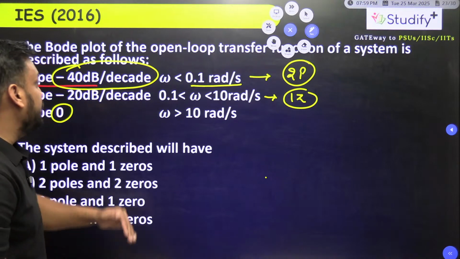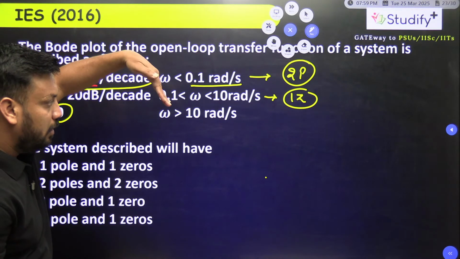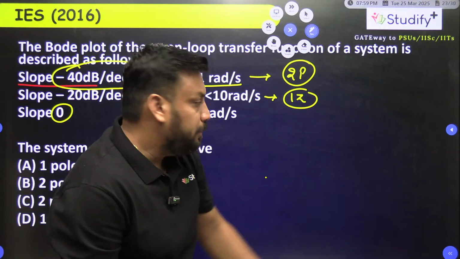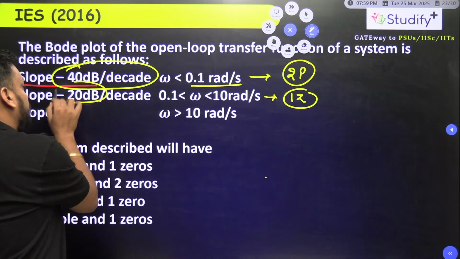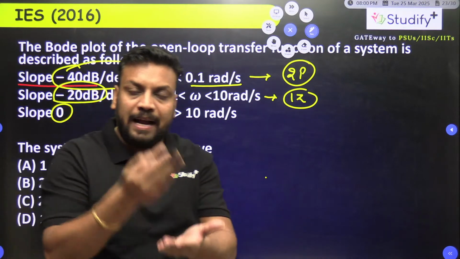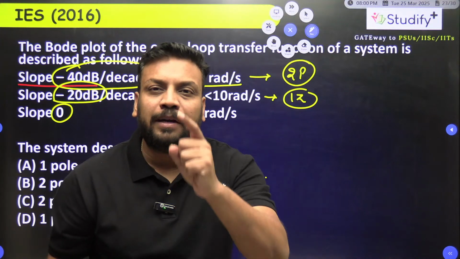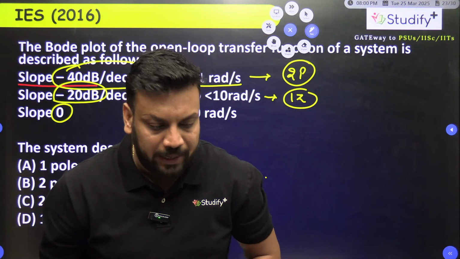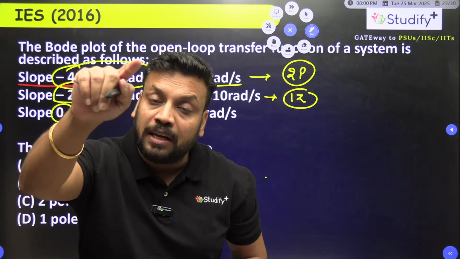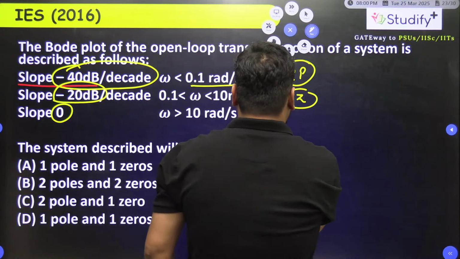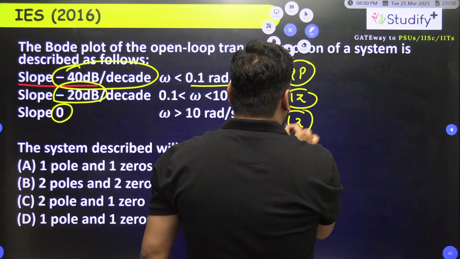Now you can see this. The earlier slope was minus 40, after that minus 20, and after that 0. What should I add to the minus 20 slope so that the slope becomes 0? There will be a contribution of plus 20 dB per decade slope, meaning one more zero. So the examiner is saying to add this.